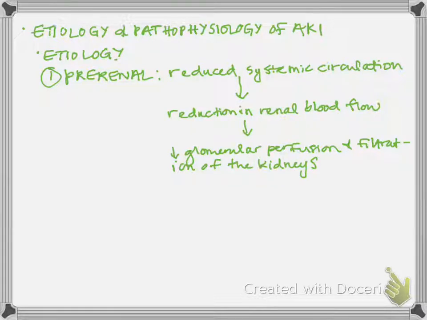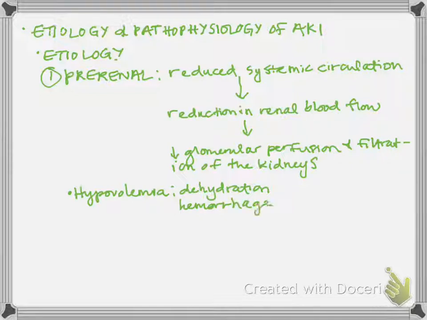So, common causes, which you can see in your book on table 46-2 on page 1070. Some common causes could be a hypovolemic patient. Hypovolemia can occur for a variety of reasons. The patient could not be taking in enough water, severe dehydration. They could be losing blood, so hemorrhage. We could have excessive GI losses, like diarrhea and vomiting.